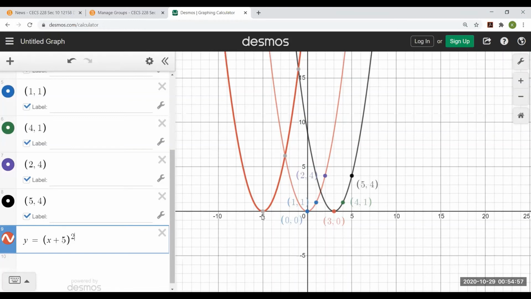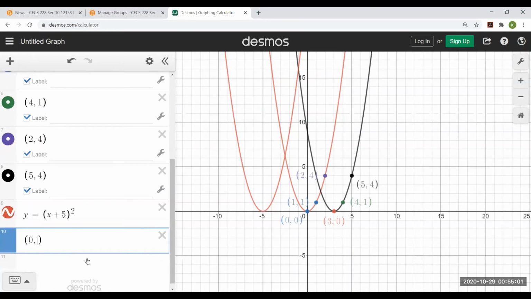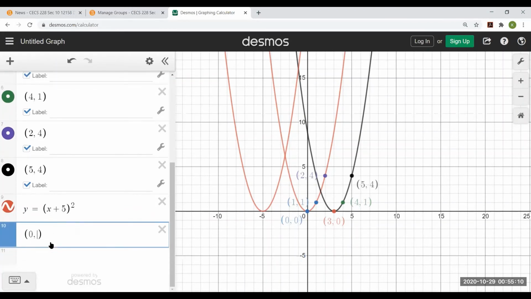And the vertex is at, oh, I keep writing the wrong order, negative 5 comma 0, which shows us that the vertex is shifting over to the left by 5 units, as well as all the other points.